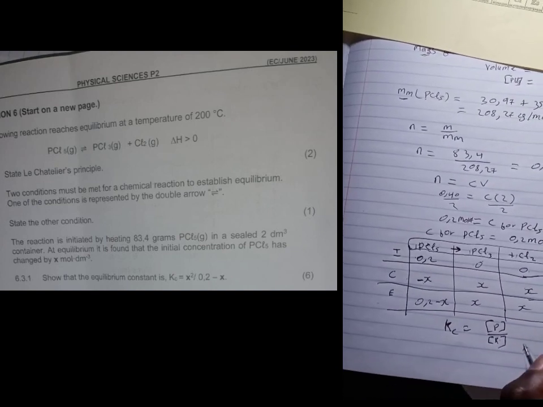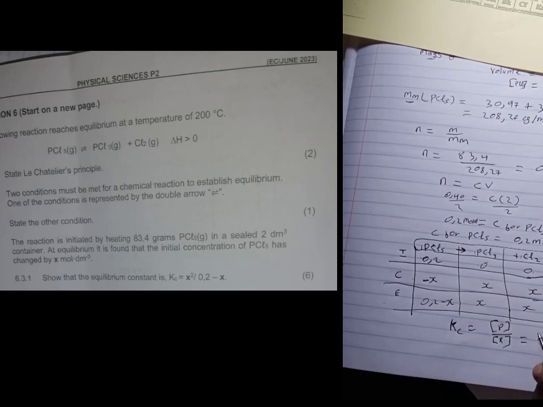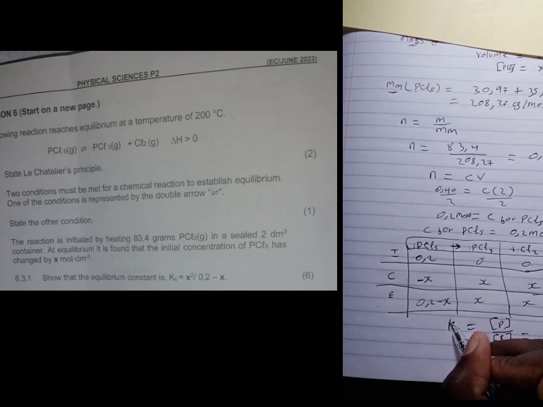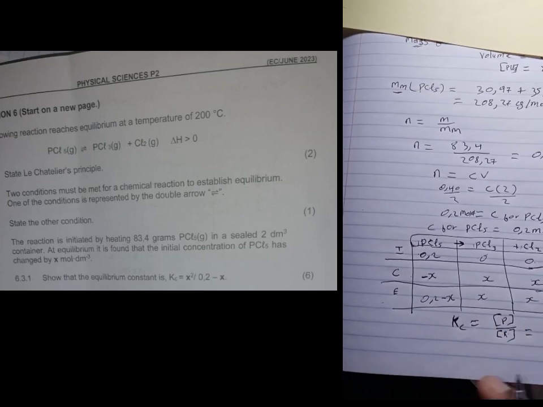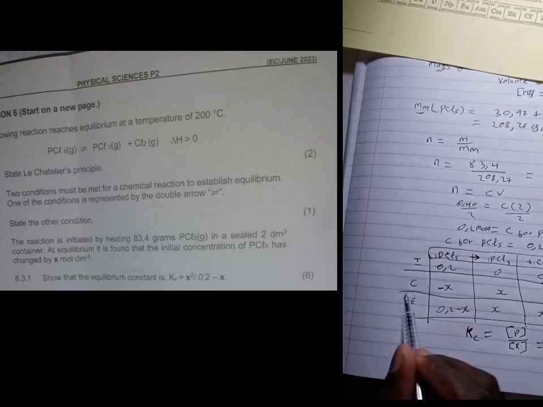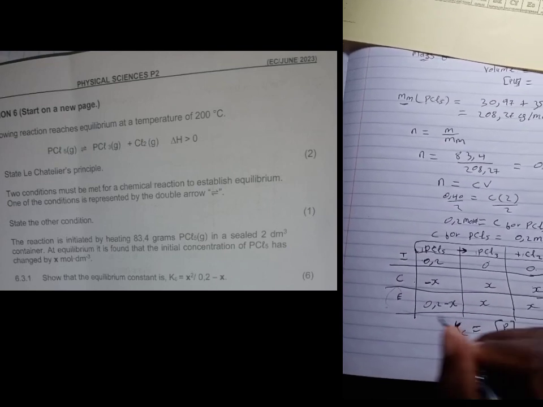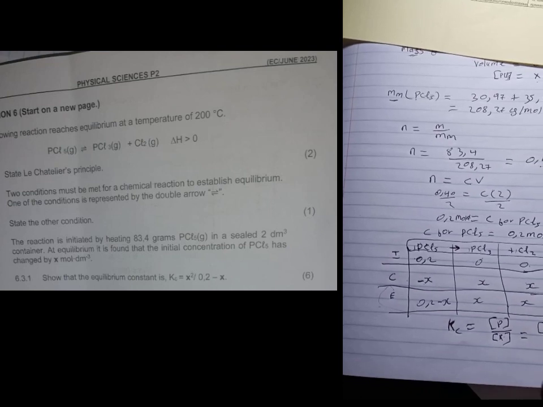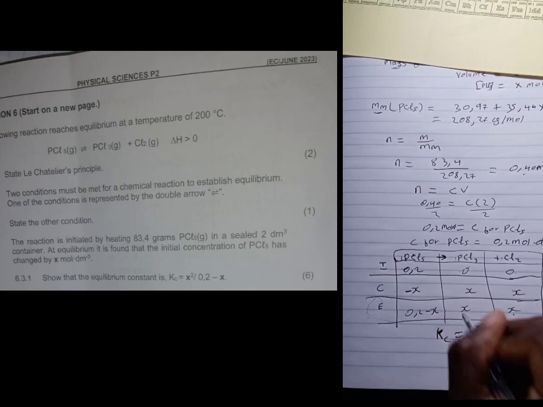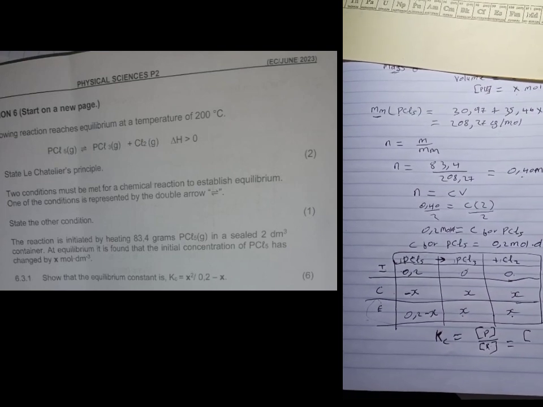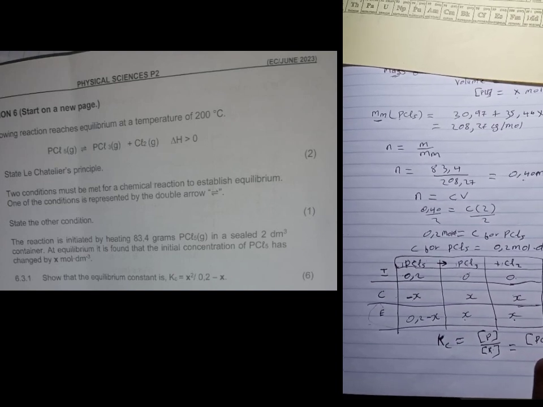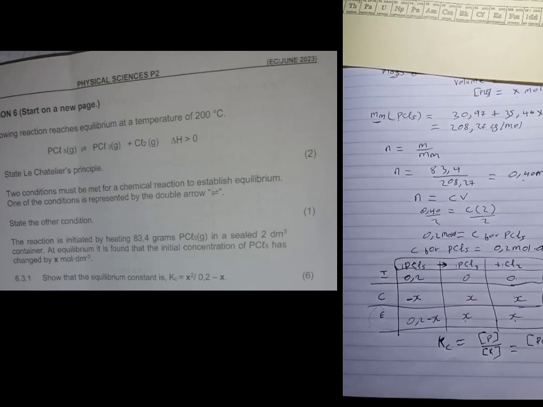Kc means we are based on equilibrium, so the information for equilibrium is here. Our product is x times x.